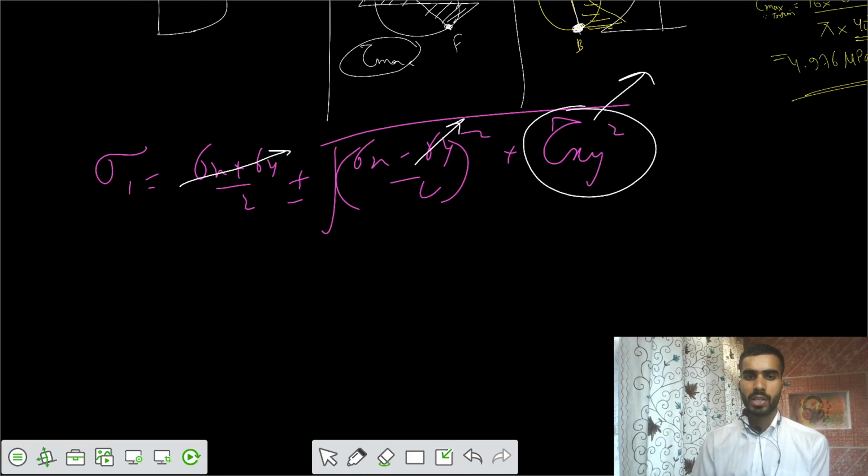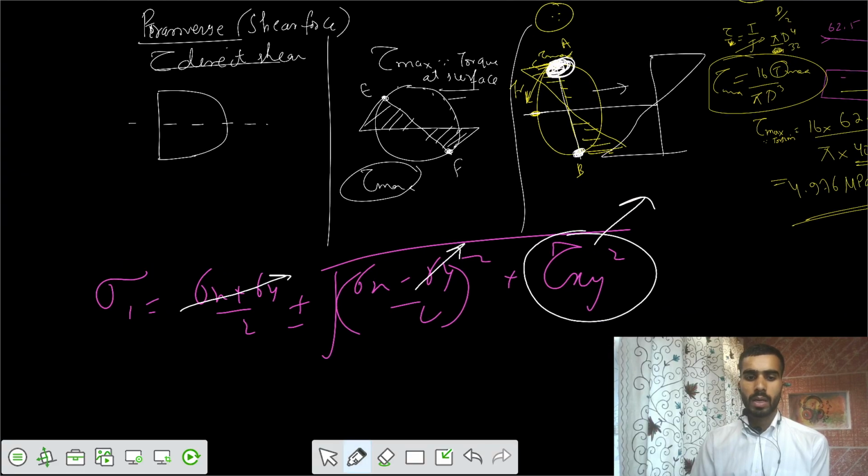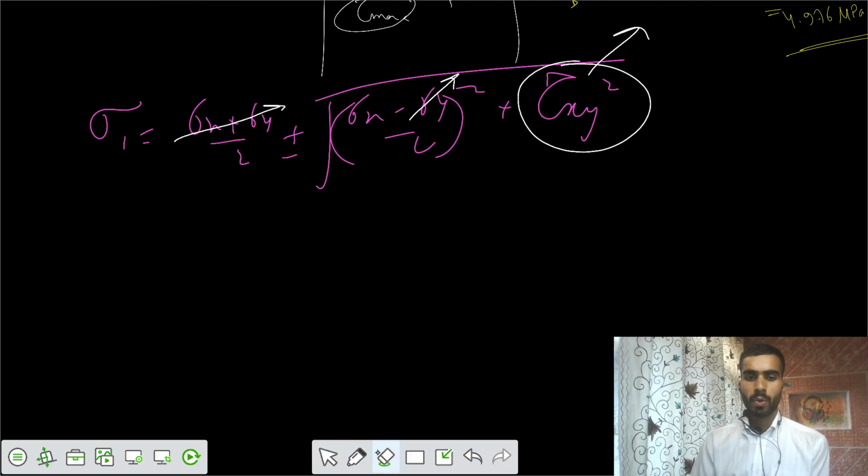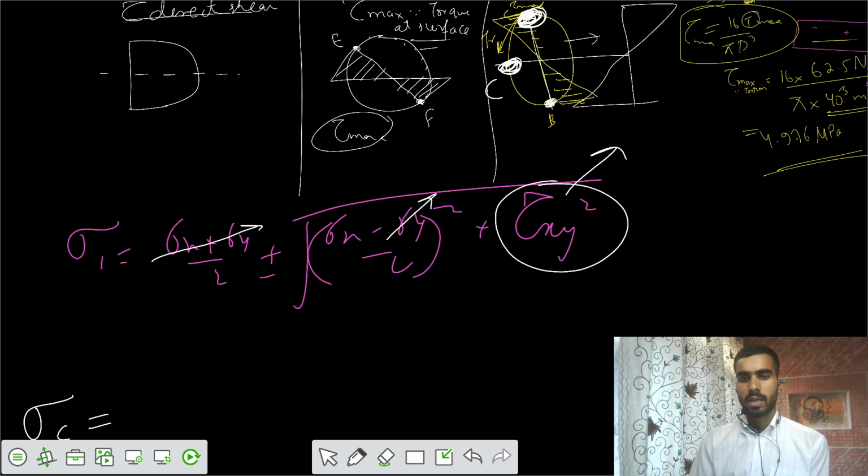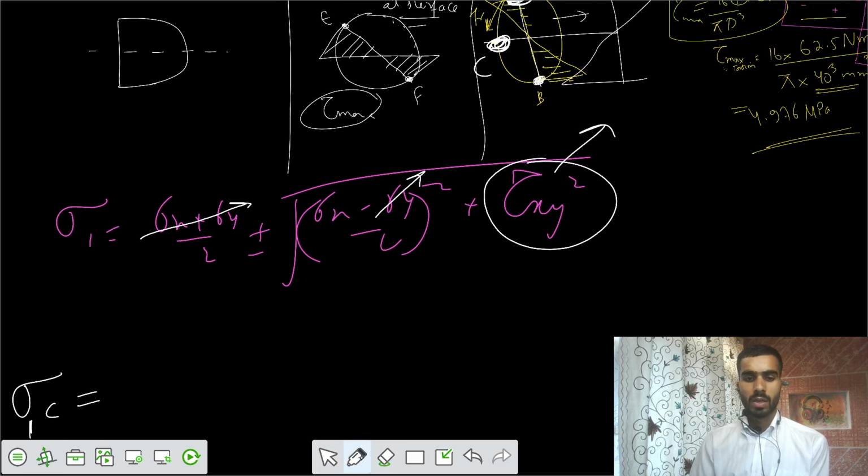Now the second combination is if you take this point that you call point C, and write the major principal stresses at point C. Because of the transverse shear force, tau would be equal to maximum, that is tau max because of direct shear stresses.